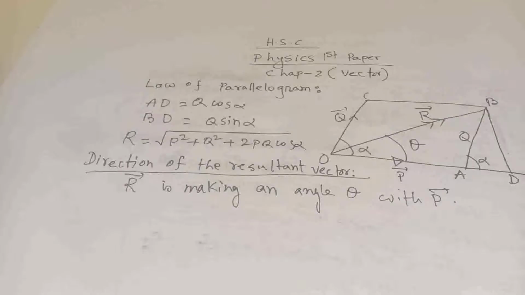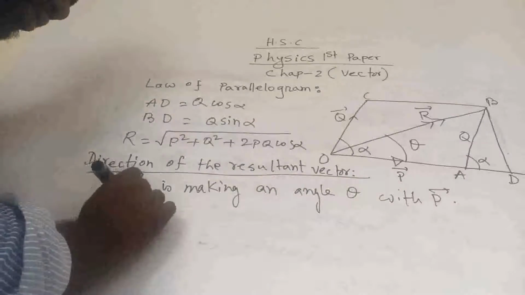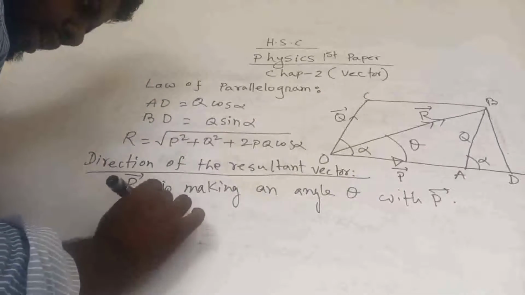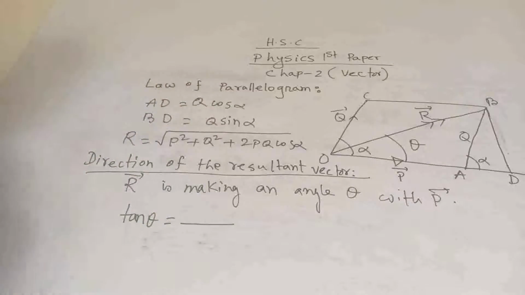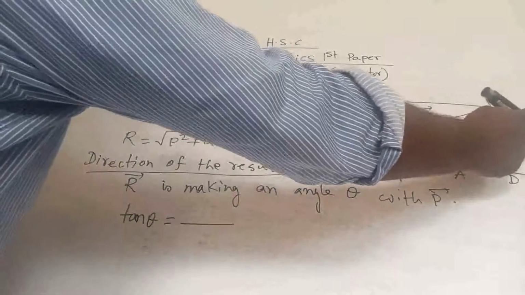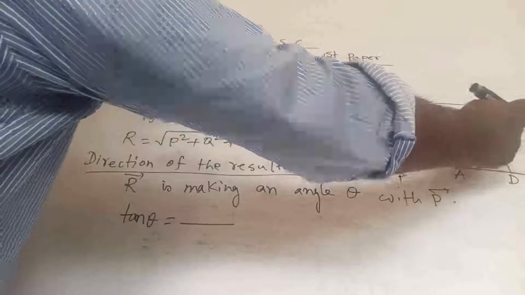For this case, we already know OBD is a right angled triangle. So we can write tan theta is equal to simply what? Tan theta is equal to opposite by adjacent.